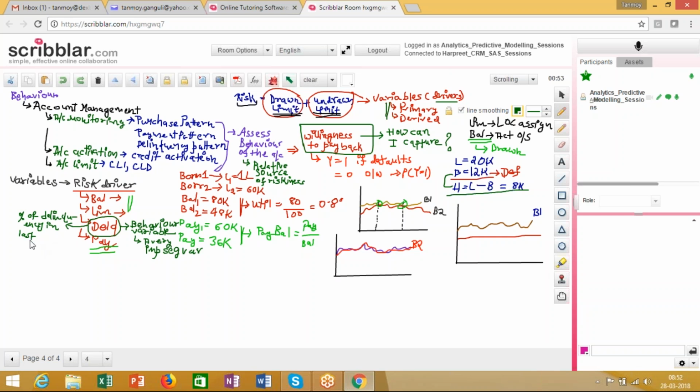So a borrower who has been delinquent for a higher number of months is a relatively more risky borrower, right? The logic is very simple. If I have missed payments more number of times, it means I am a relatively more casual borrower, and I have a relatively low willingness to pay back my loans, right?